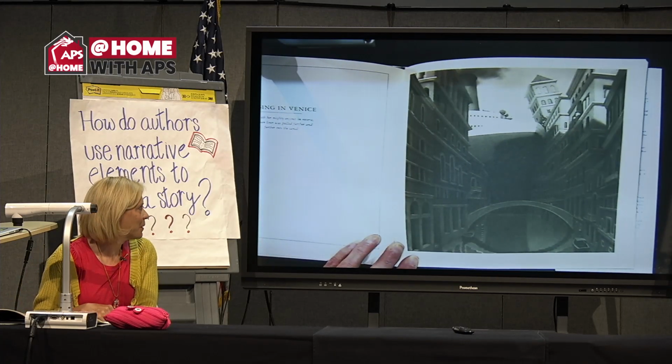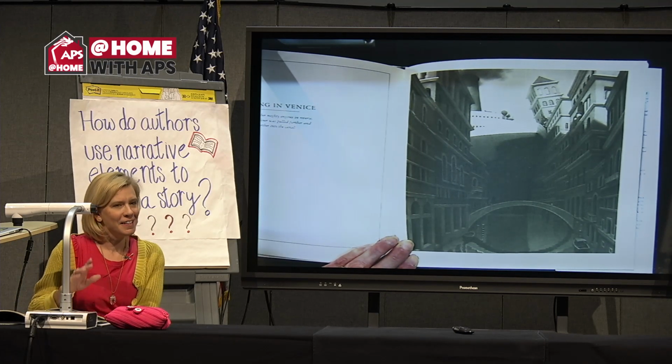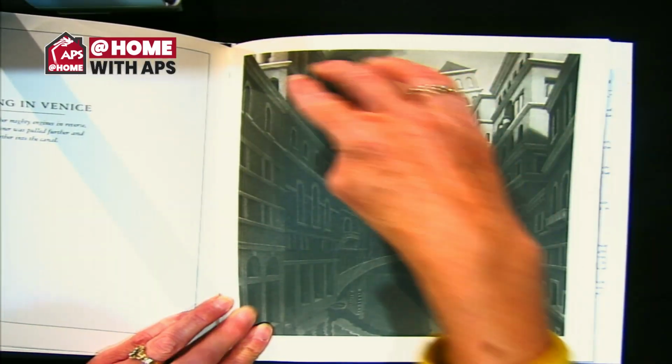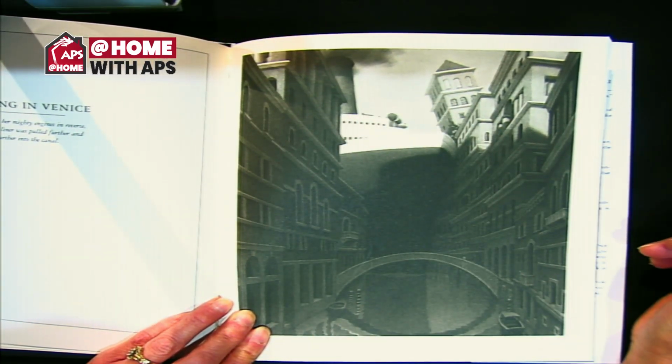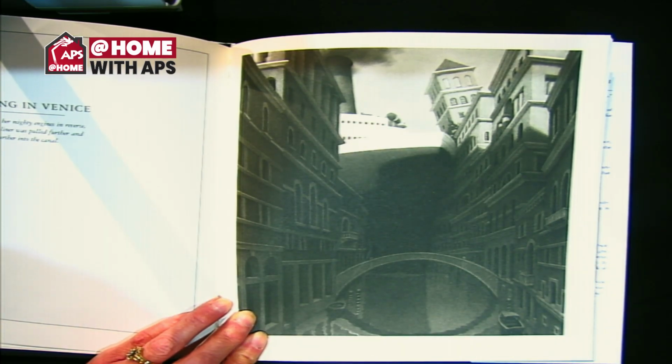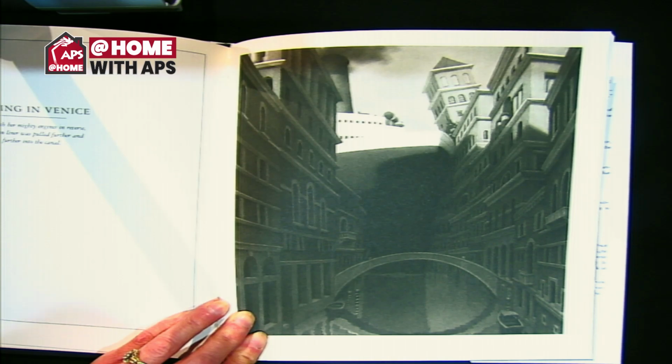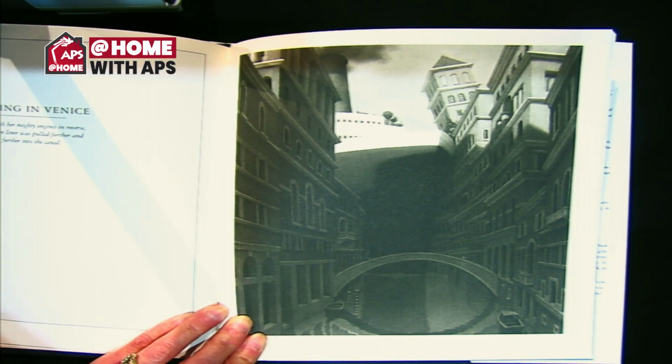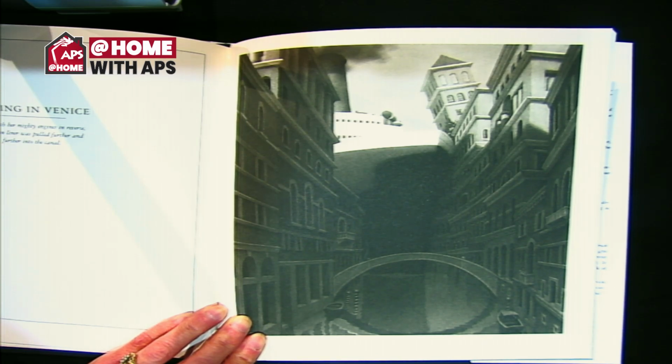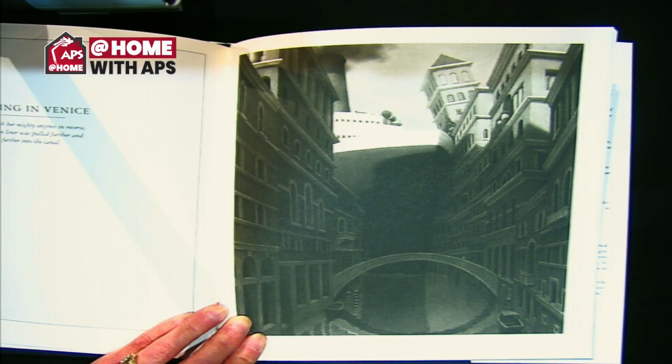I love this one. You can see it, it's a little bit dark, but we have buildings on either side, and right in the middle, we have a huge ship. And the title is Missing in Venice. So Venice is a city in Italy, and the city's very unique because it's all built on a canal, which means that you ride boats called gondolas around the city.